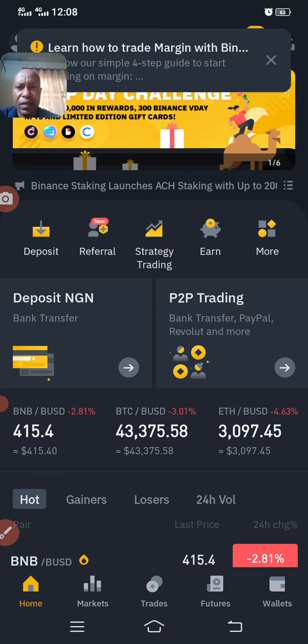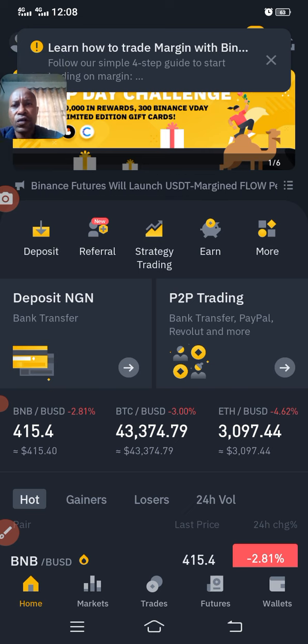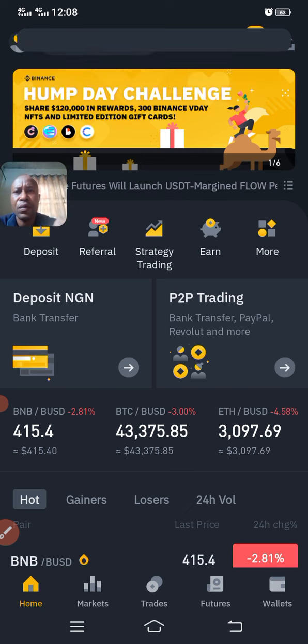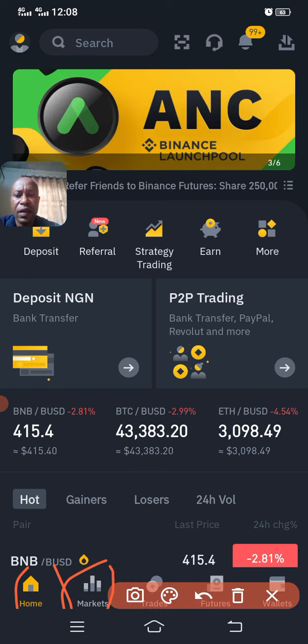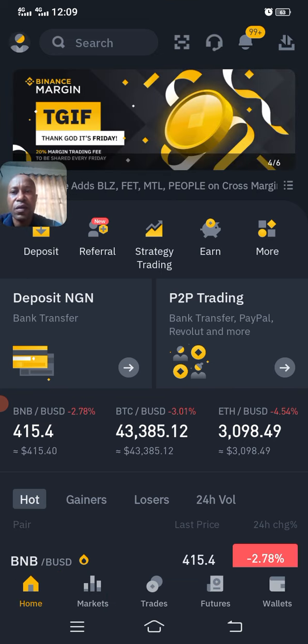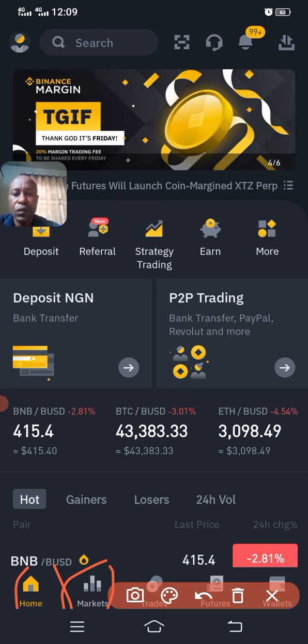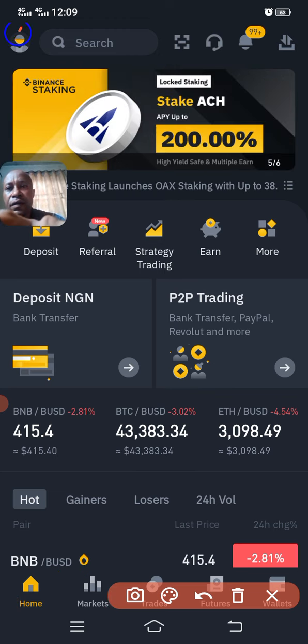So for beginners, once you sign up on the Binance app, all you need to do is look on the top left hand side where you are seeing a kind of human logo, then click on that human logo.